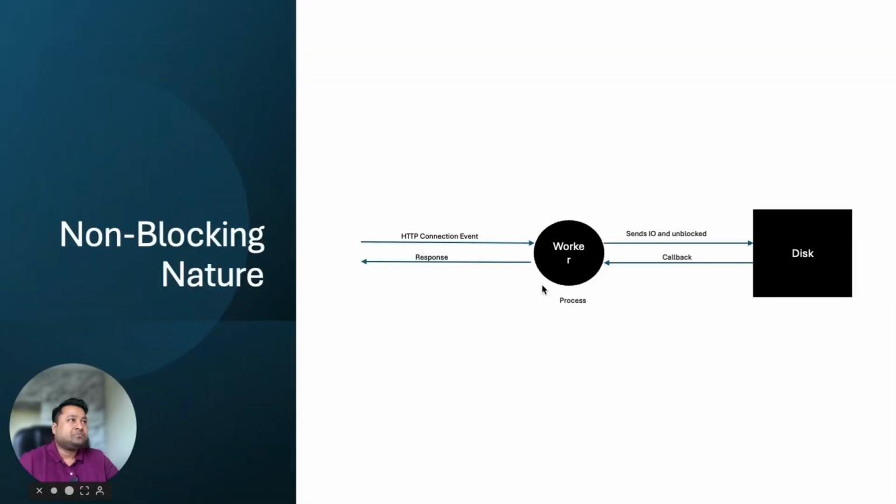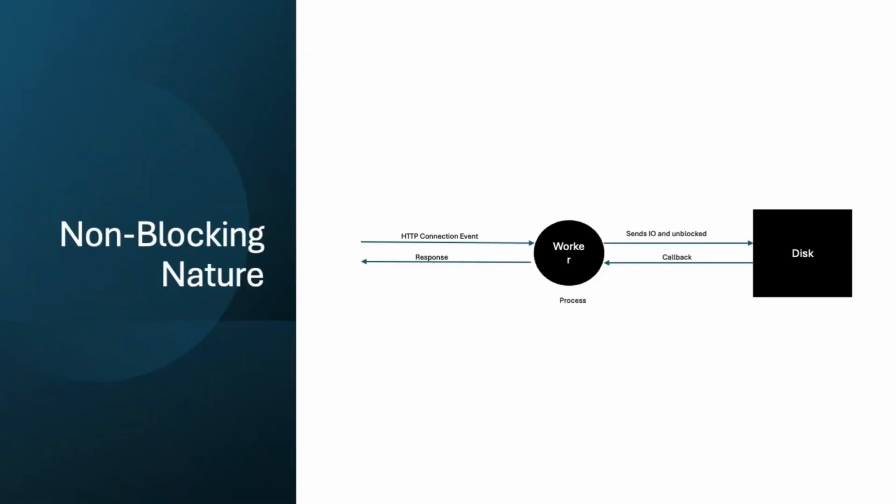And in the last slide, I have explained the same thing, where an HTTP connection comes in and the worker process picks that request and sends it to your disk, if there is an input output operation. It's not blocked, it comes back, and whenever the operation is completed, your operating system comes with a callback response. This process will pick up that response, prepare the response and send it back to your client.